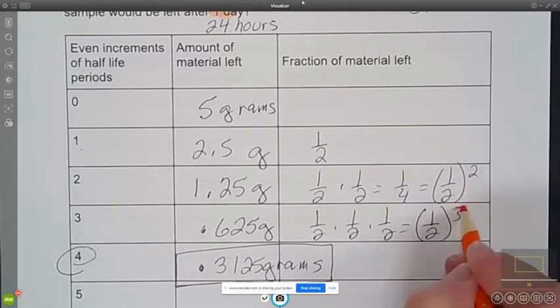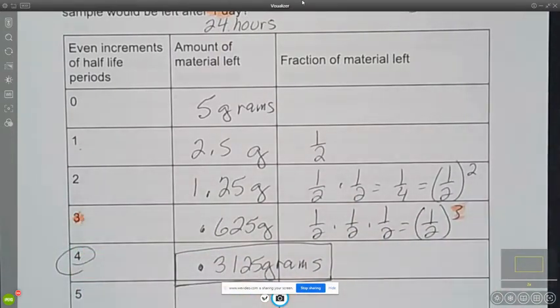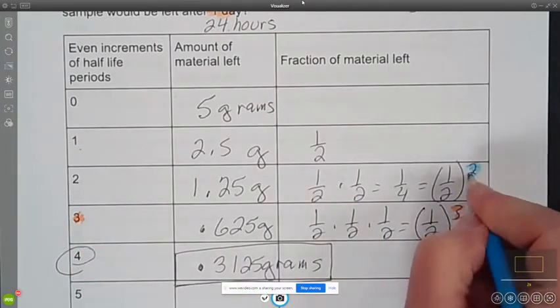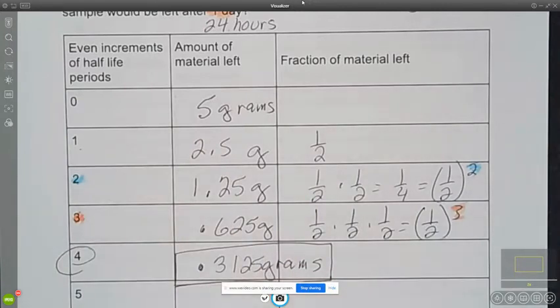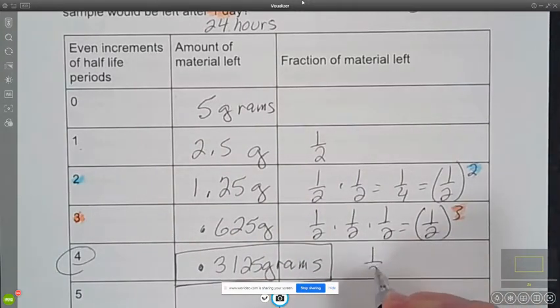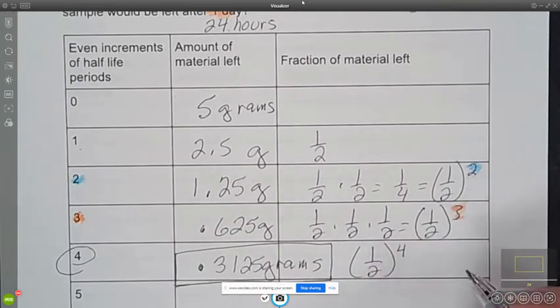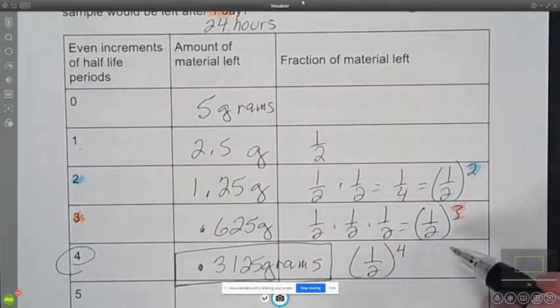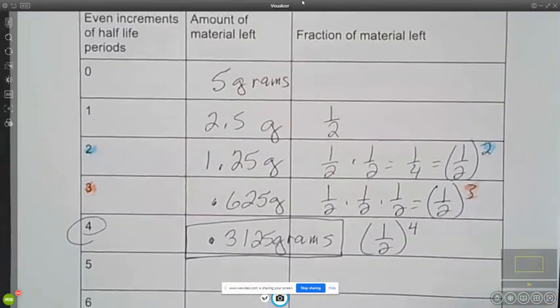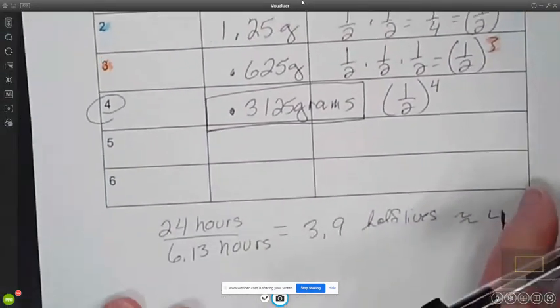Notice that these exponents are matching the number of half-lives. So since that's the 4th half-life, it's 1/2 to the 4th power. Well, gosh, it wasn't quite 4, was it, when I come down here and look?